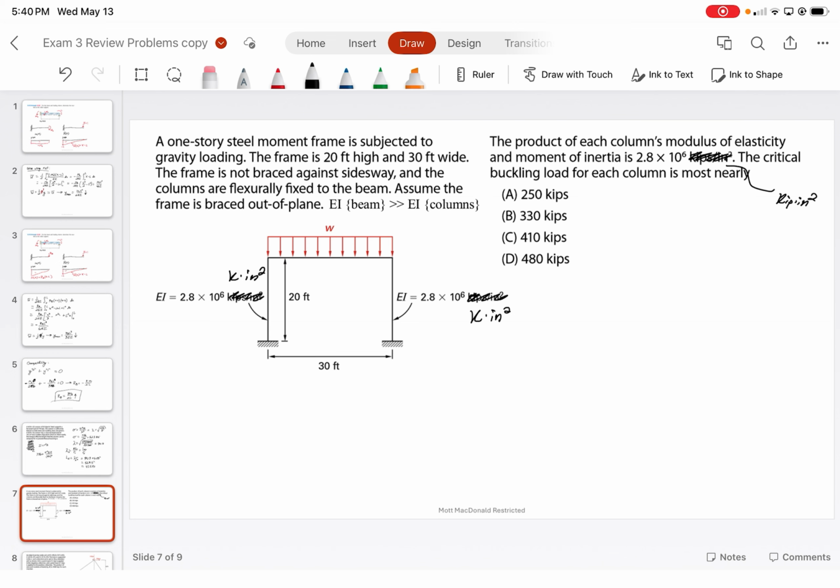If it's a column buckling problem, I could give you a frame like this, but it would be isolated to only a specific column, in which case you may need to know the boundary conditions and how the column would behave due to the adjacent structures. For example, it might be calculating the G values and then using that table to determine the K factor. Or it could be something like this where I specified the beam is infinitely stiff, and so you have to make an assumption about that.